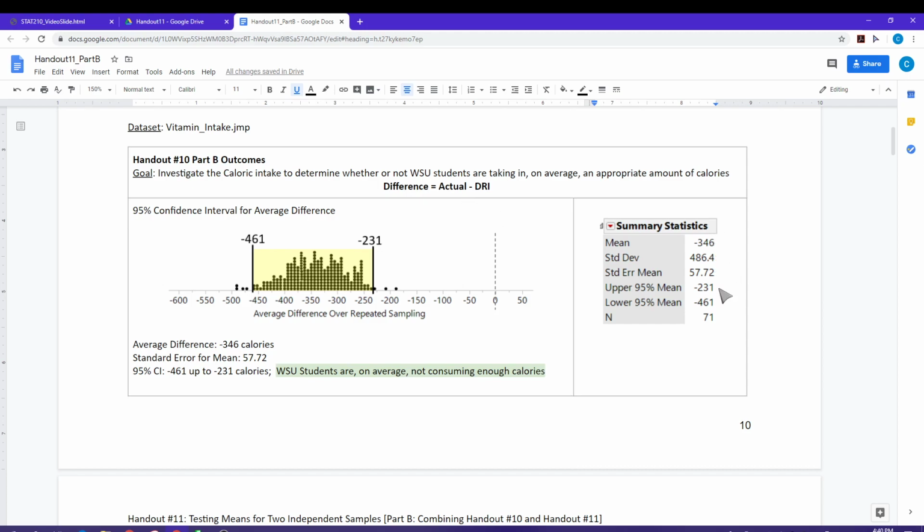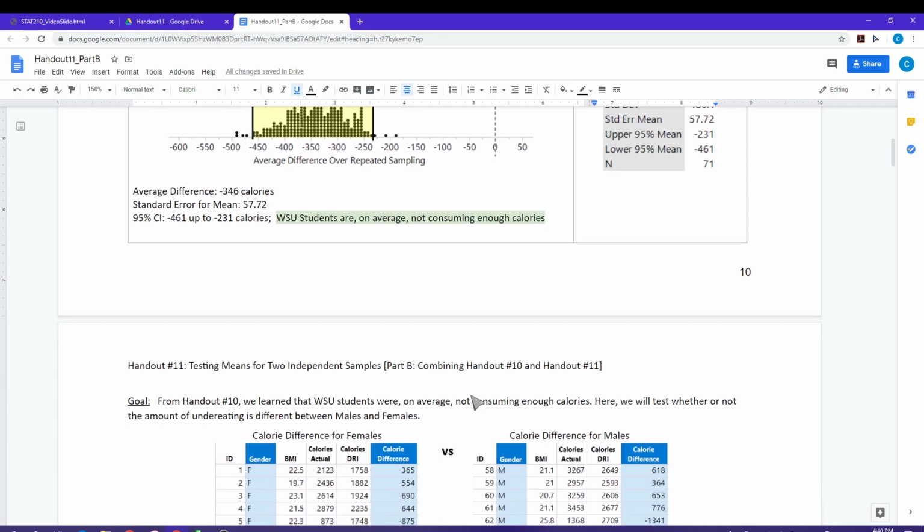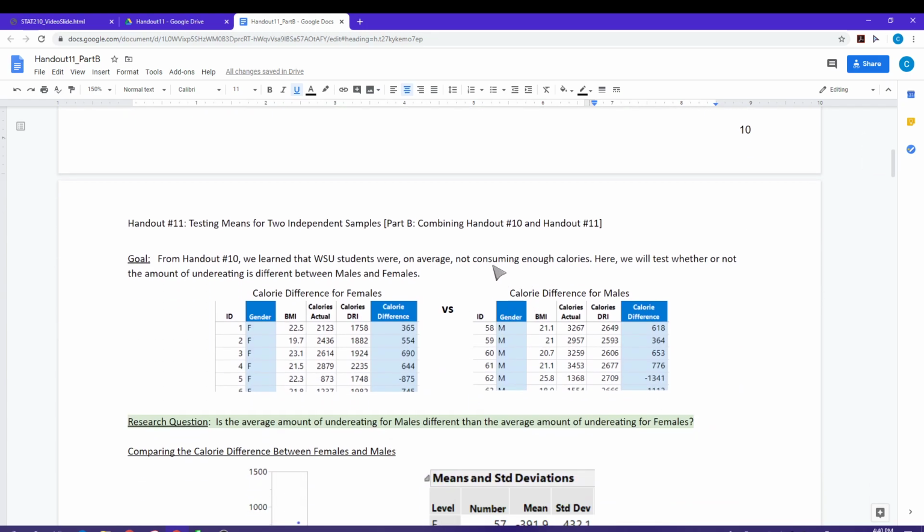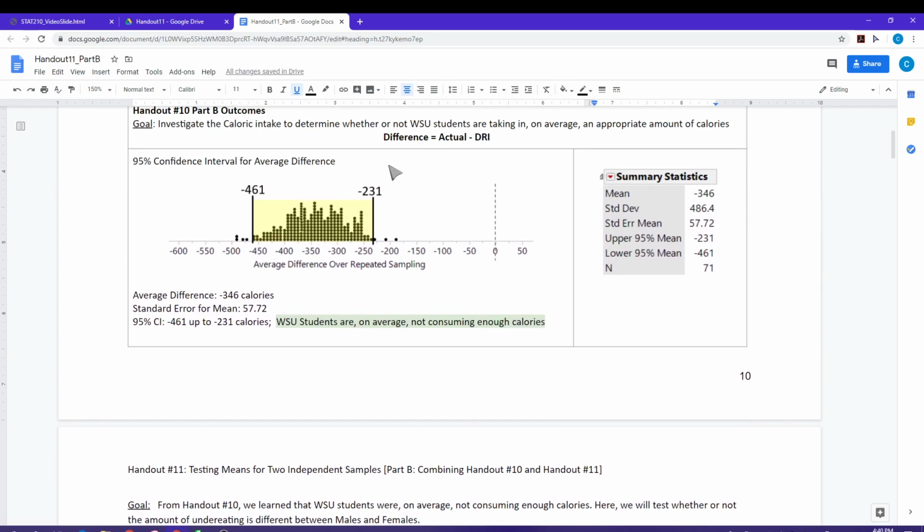Here's a snippet of the summary output from handout number 10, Part B. Here we learned that WSU students were under eating, at least on average.